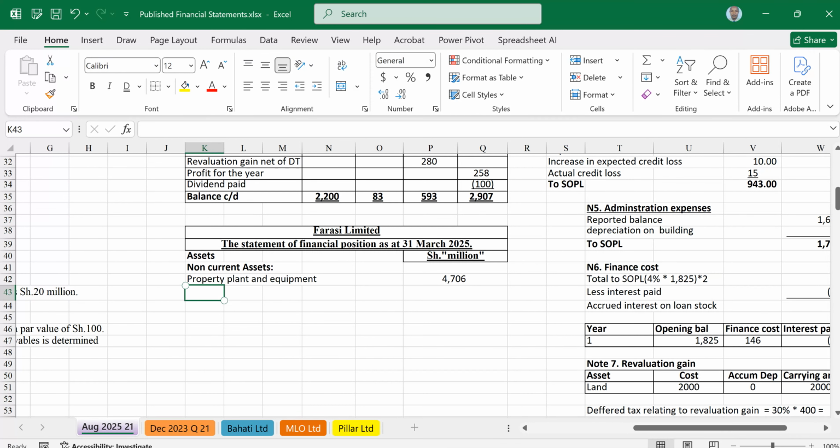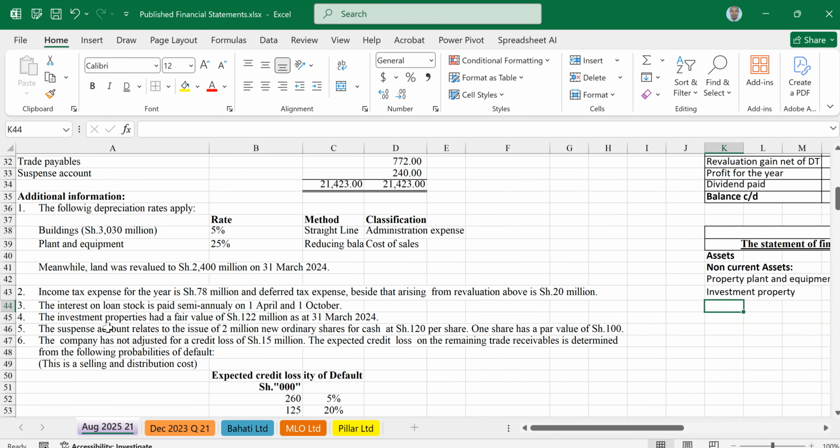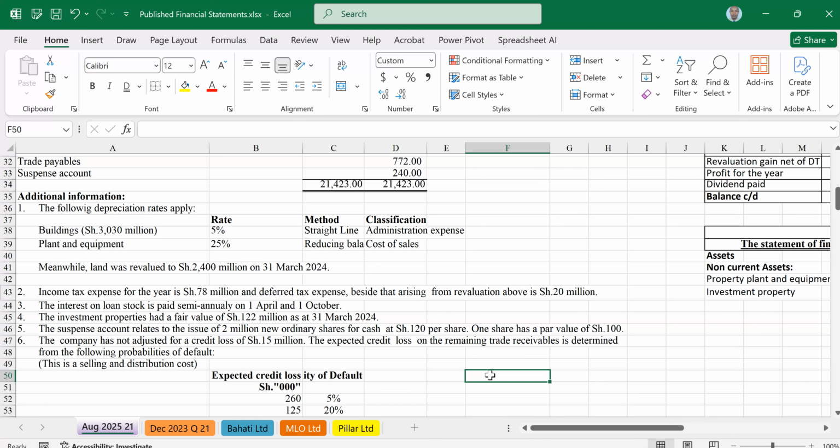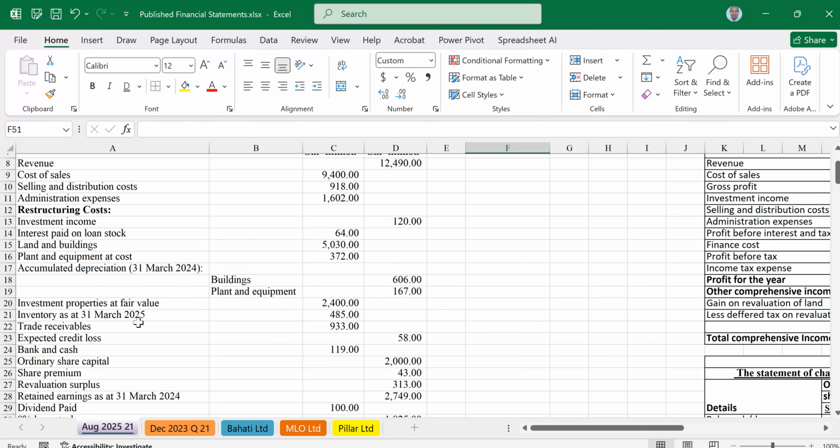Investment property. Now, just like I said earlier, it seems the investment property wasn't put in the correct way. They are saying that the investment property had a fair value of 122 million. If you write that 122 in full, it's such a big value. So 122 million is the new fair value. But if you compare that with the amount given, investment property was 2.4 billion.